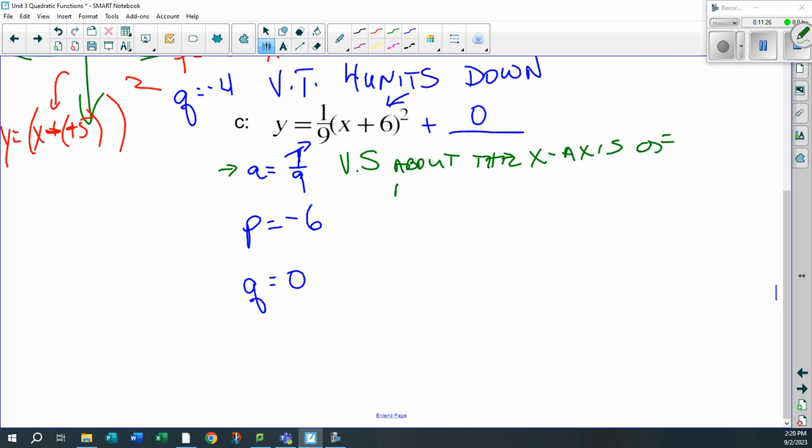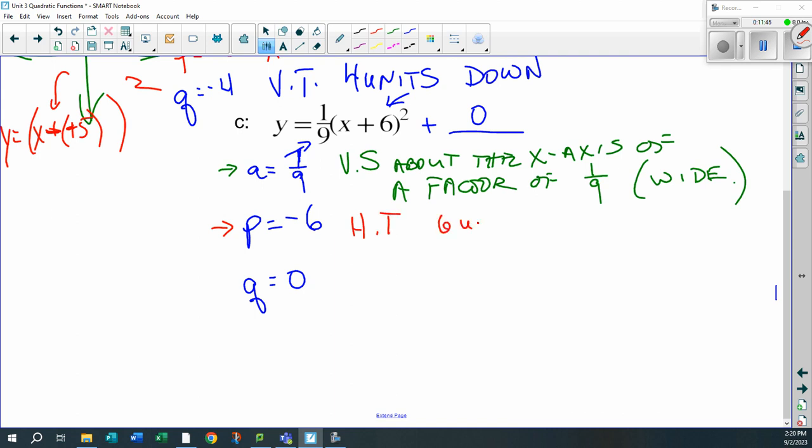of a factor of 1/9, which means that this is going to be technically wide. Ta-da! There's our P, which is our horizontal translation. This will be 6 units, and since it's negative, this would be left.